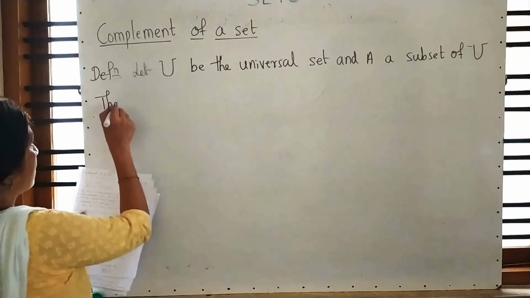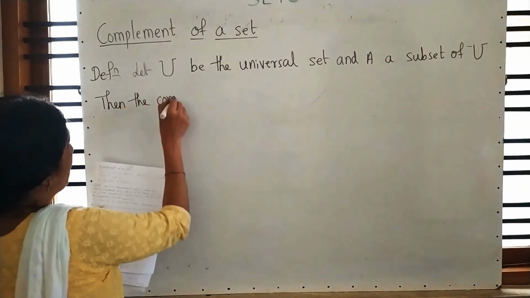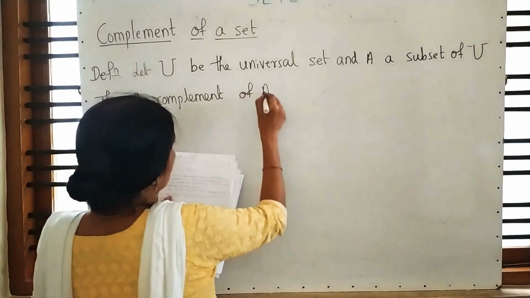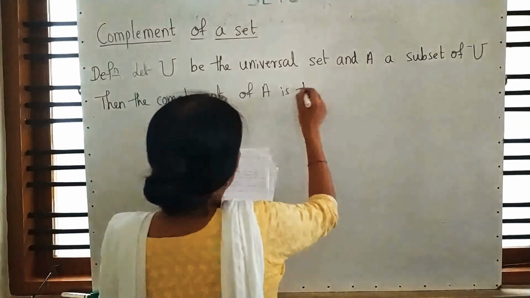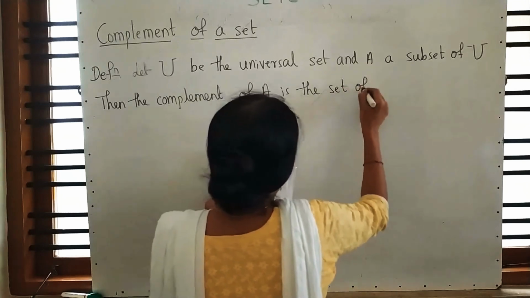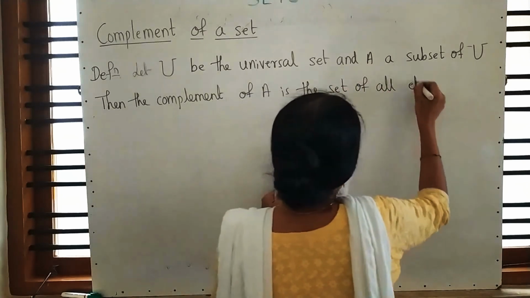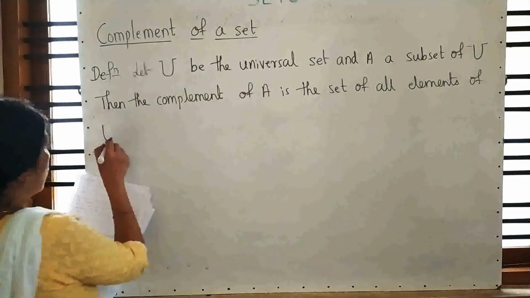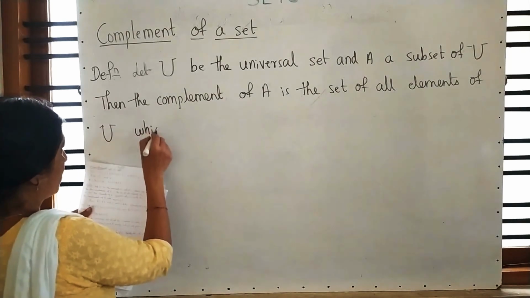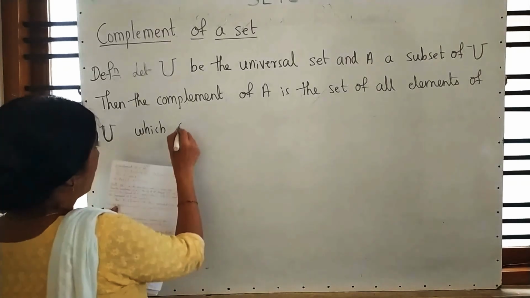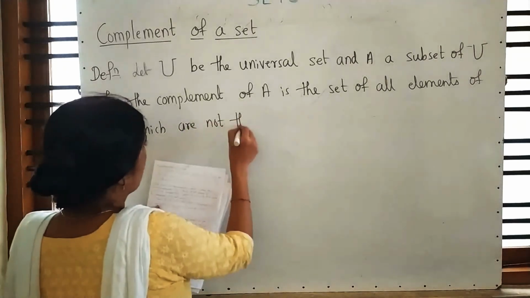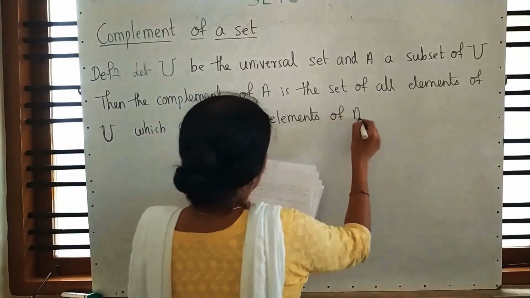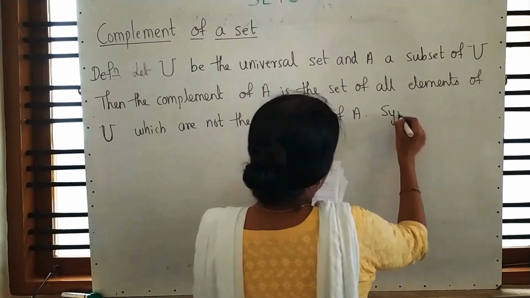Then the complement of A is the set of all elements of U, the universal set, which are not the elements of A. Understood?